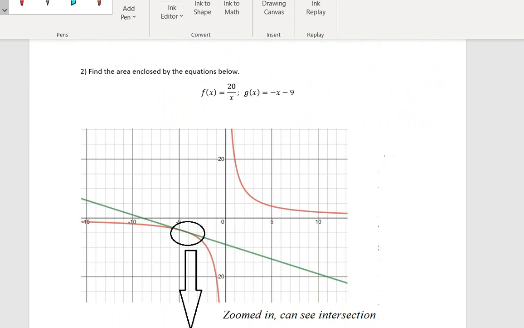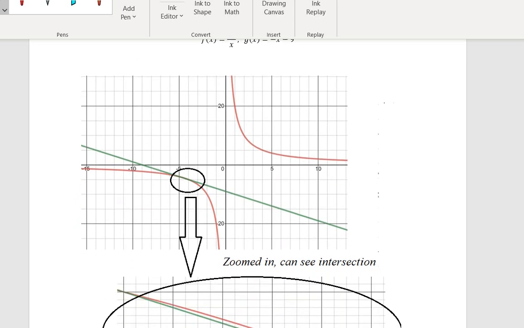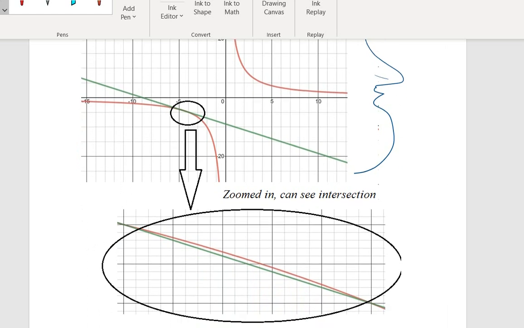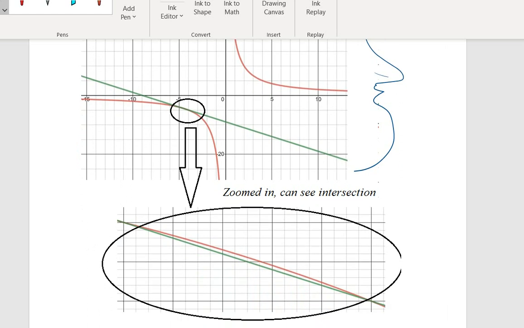Alright, now the next one asks us to find the area enclosed by these two equations below. Here's the issue: if you just look at this graph, it doesn't actually look like there's any enclosed space. However, I solved this algebraically, and I saw that I actually do have a teeny tiny enclosed space right here, ever so small.